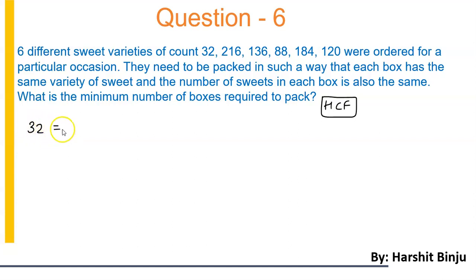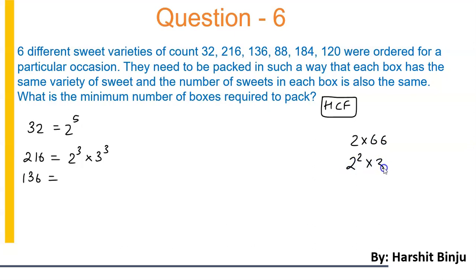So prime factorize: 32 is 2 to the power 5. 216 is 6 cube, that is 2 into 3 whole cube, which is 2 cube into 3 cube. Then you have 136. So 136 is 2 into 68.